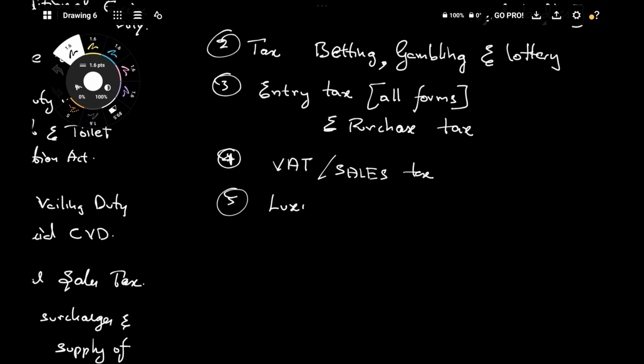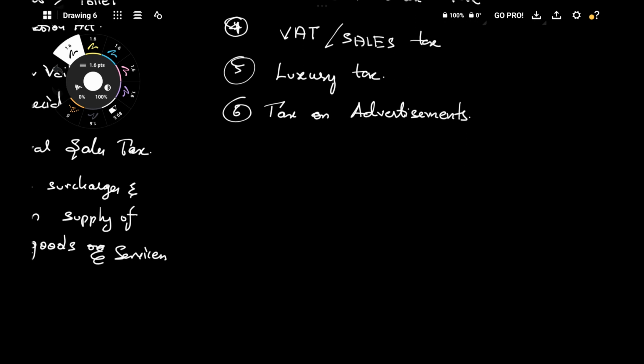Now it's luxury tax. Matlab if you go to luxury hotels and all, they would levy this tax. Then tax on advertisement. Even on advertisements there would be some tax levied earlier.